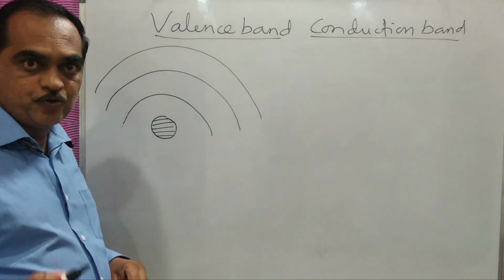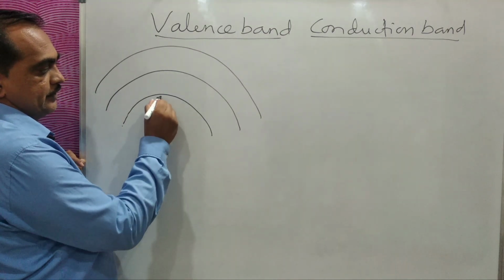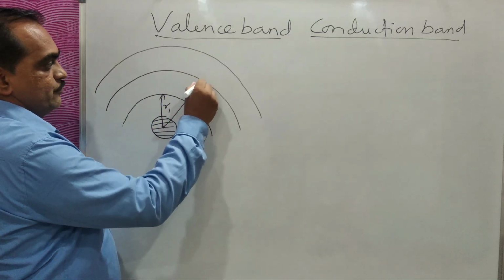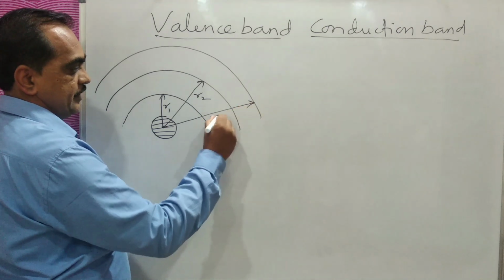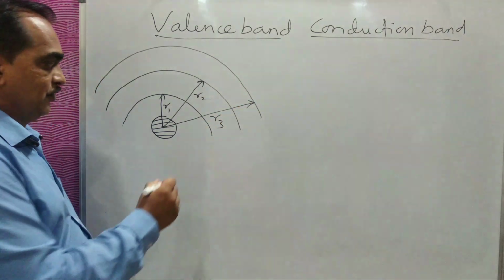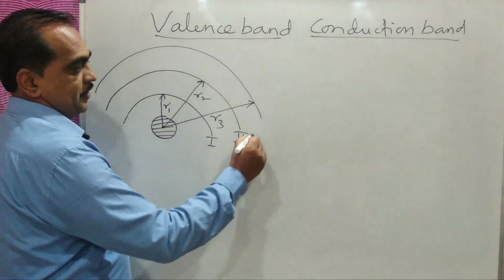You can also have a fourth orbit. From the center of the nucleus, this will be radius 1, radius 2, and radius 3. So these are the radii of the orbits.